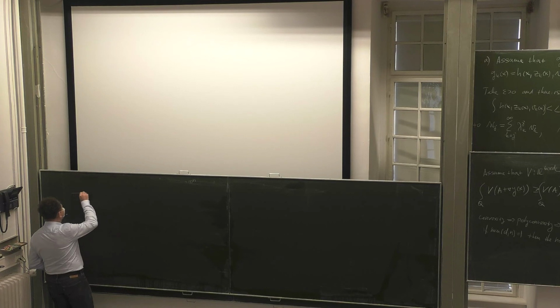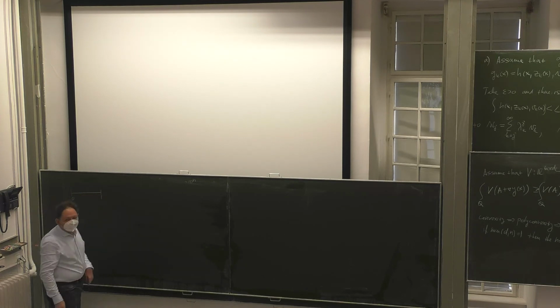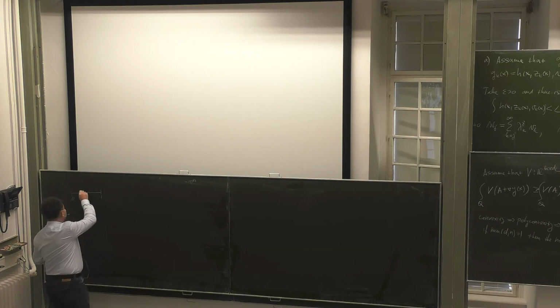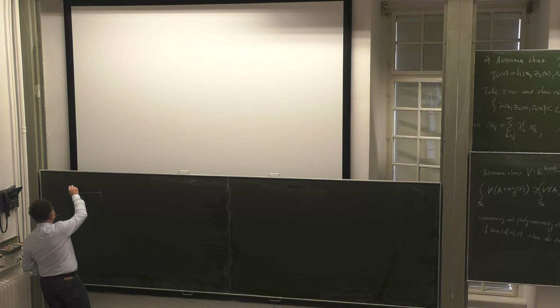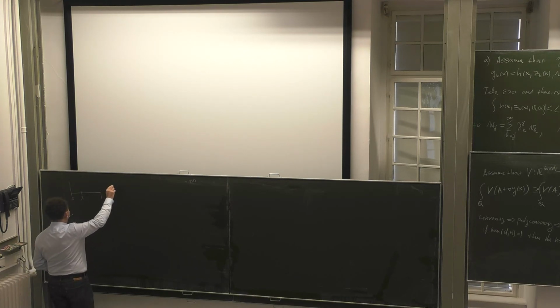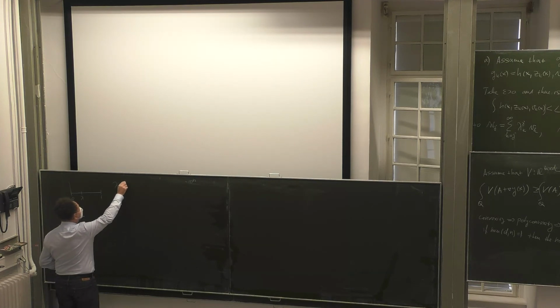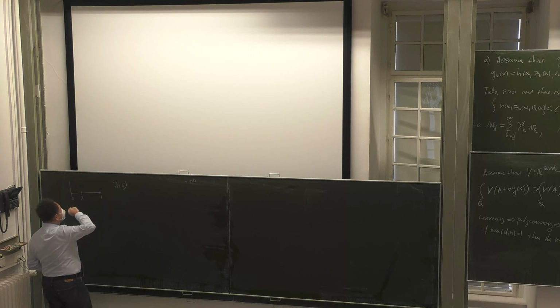I take the interval 0, 1, and I take some lambda in this interval. And I take a function, which I call chi of s.